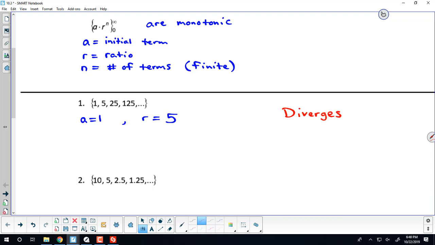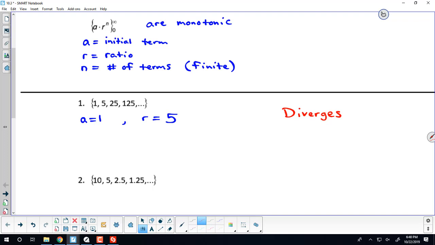Does anyone remember when a geometric sequence converged? It's less, or the R's. When r is less than 1, yeah, that's true. But it's not fully less than 1. When it's greater than 0 and less than 1?